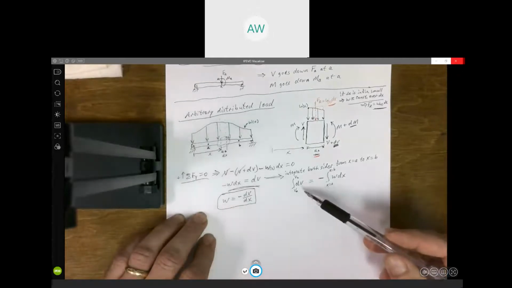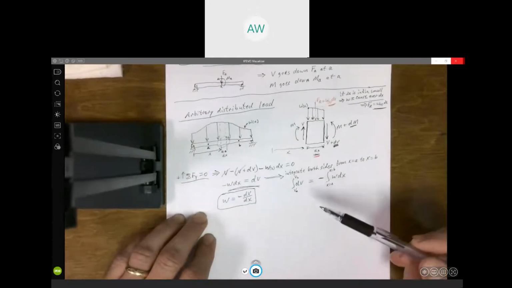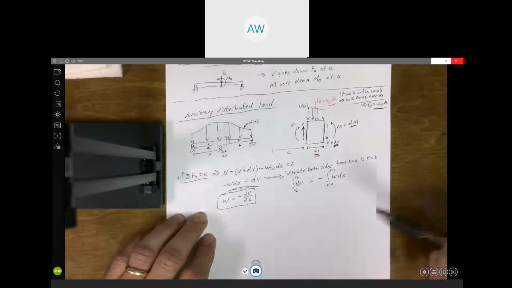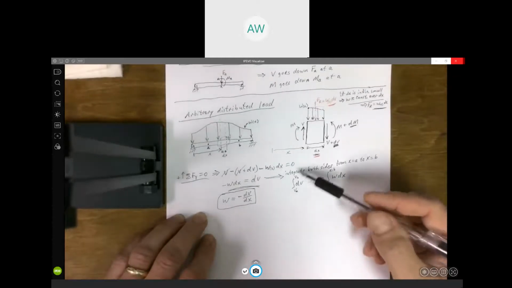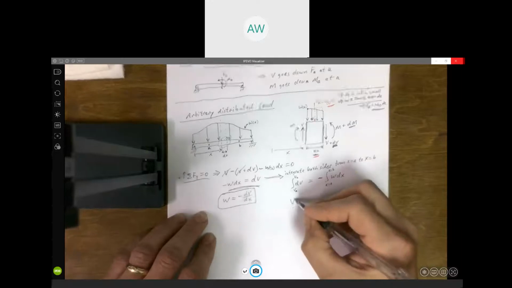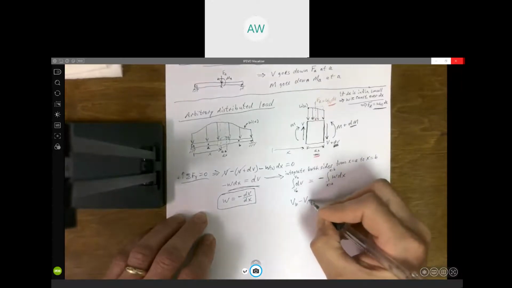Well, the integral on the left side, if you integrate dV, you get V. And then you evaluate it from VA to VB, you wind up with VB minus VA.